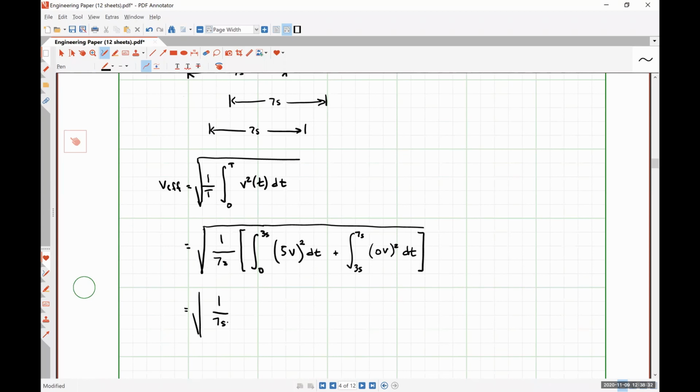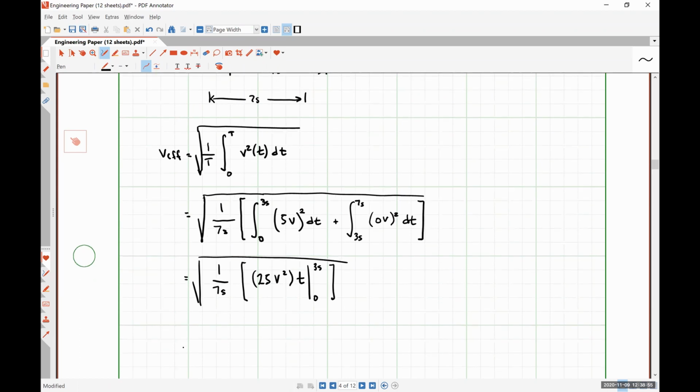So what is the integral of 5 volts quantity squared? 25 volts squared, units are important, t, evaluated at 3 seconds and 0 seconds. Which would give us 1 over 7. So 25 times 3, yeah, 75 volts squared minus 0 volts squared.